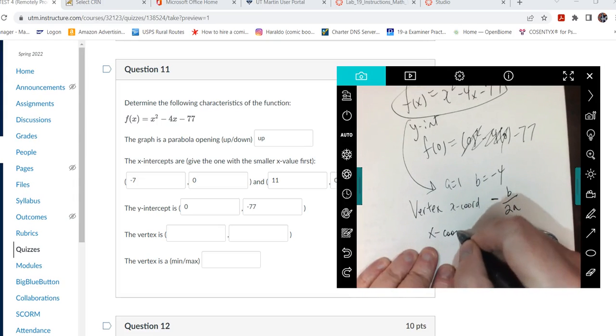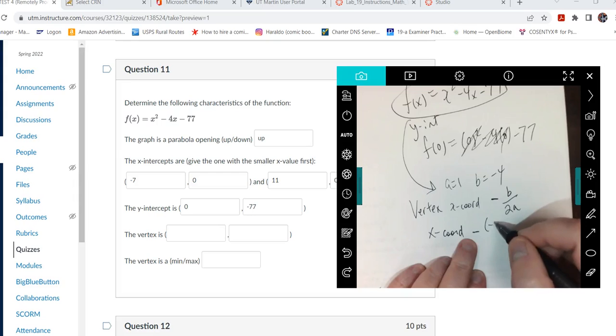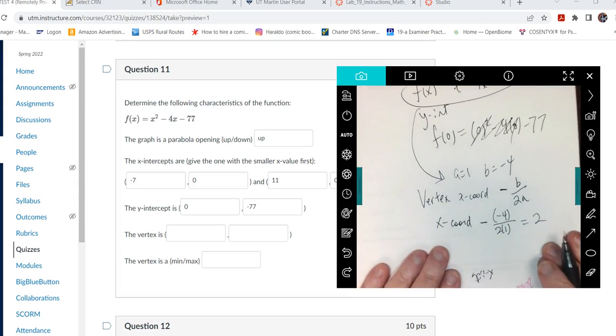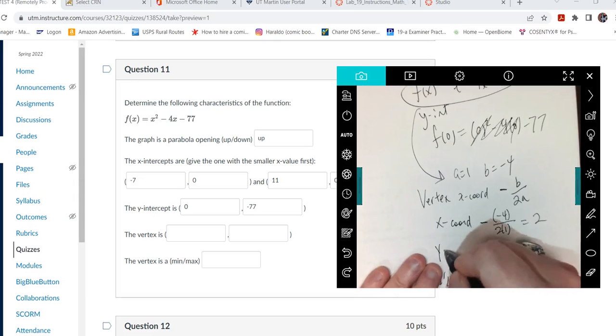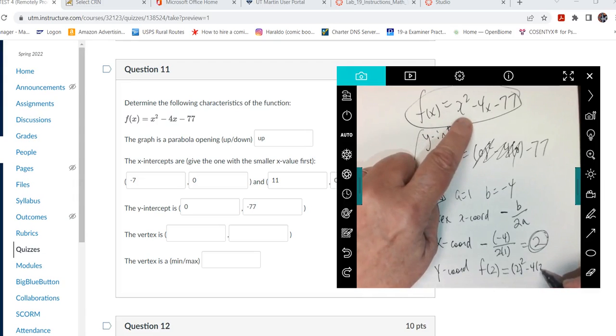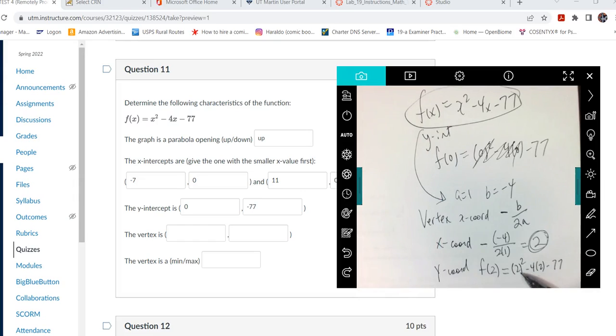So the x-coordinate of my vertex is going to be minus negative 4 over 2 times 1, which is going to be 4 over 2, which is 2. So that's the x-coordinate of my vertex. The y-coordinate is going to be f evaluated at 2. So I go back up in here and I plug 2 in. So I'm going to have 4 minus 8, which is negative 4, and minus 77, which should be giving me negative 81.